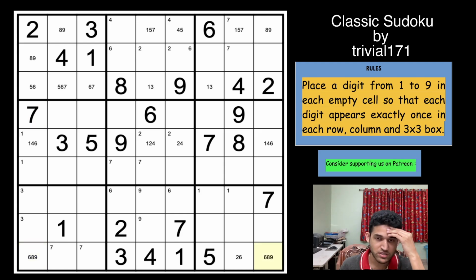So I'm trying to look for cells which have limited candidates, and hopefully we get some trick from there. Looking at column 4 now, 2, 3, 8 and 9, and this can't be 6 and 7. So that's 1, 4, 5. So am I seeing something here? 8, 9, 8, 9, 6, 8, 9, 6, 8, 9.